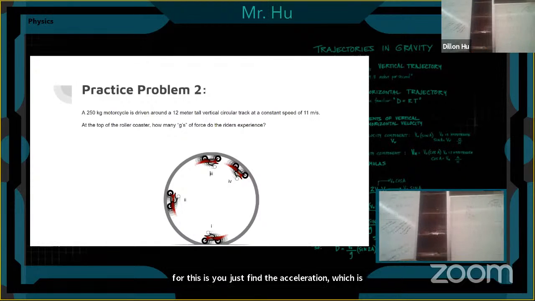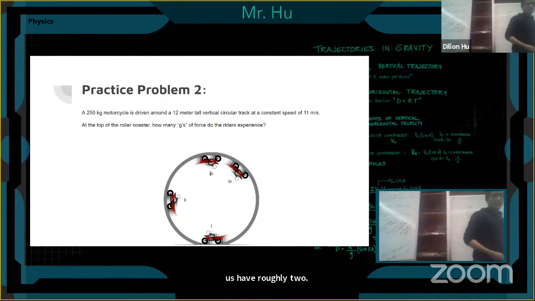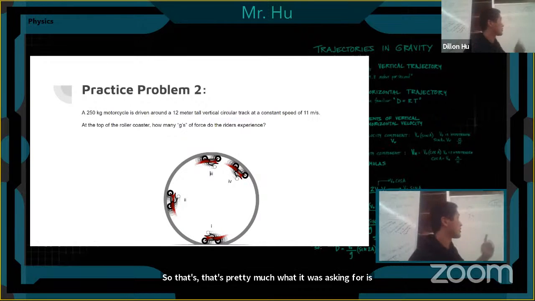You basically just take the centripetal force and divide it by the mass. You get your acceleration, which is about 20 or so. So if you divide this by acceleration due to gravity, you get a g-force of roughly 2. So that's pretty much just what it was asking for. It's just asking you to find the acceleration and then compare that to the force of gravity.